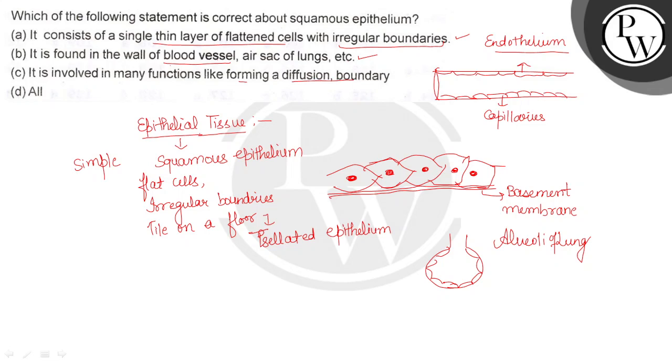So this one is true, as we see in case of alveoli, and beneath this there is the pulmonary capillary. This is the pulmonary capillary and this is the alveolus. Now this is also lined with the endothelium, which is actually the simple squamous epithelium.